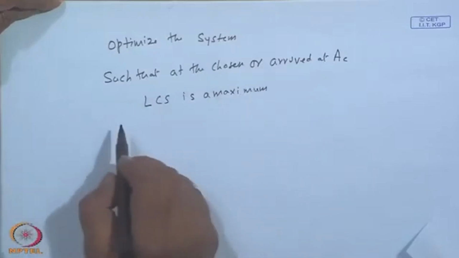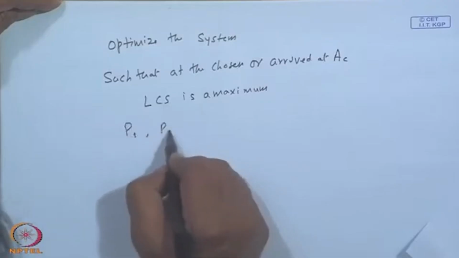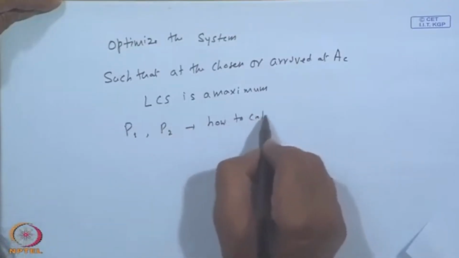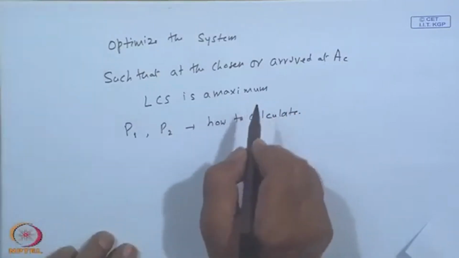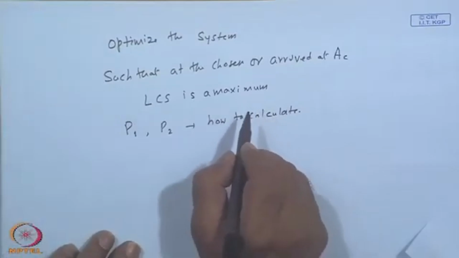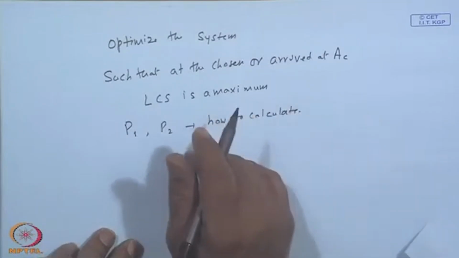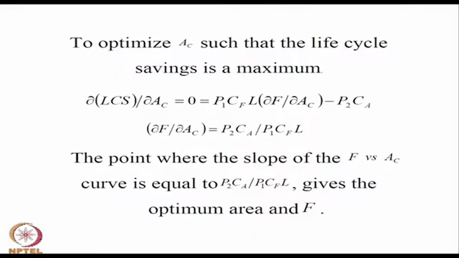You recall, so far we have not said how to calculate P1 and P2. However, sufficient indication is given that life cycle savings can be written in terms of P1 and the cost of the fuel in the first year multiplied by the energy delivered in the first year minus the cost of the system multiplied by an appropriate factor, right.